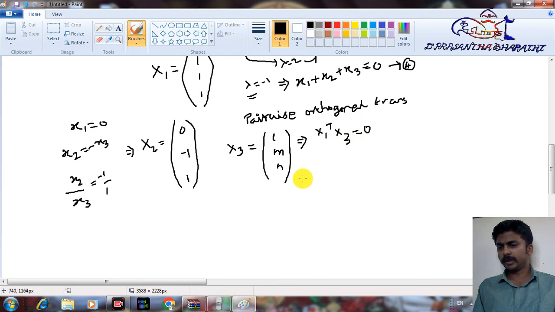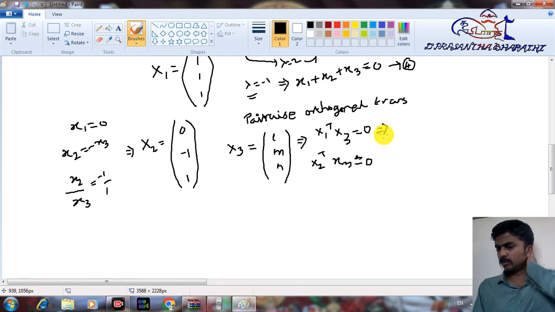In the same way, x2 transpose x3 equal to 0.